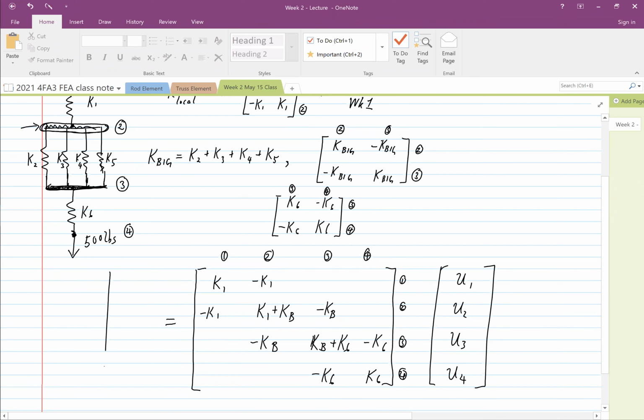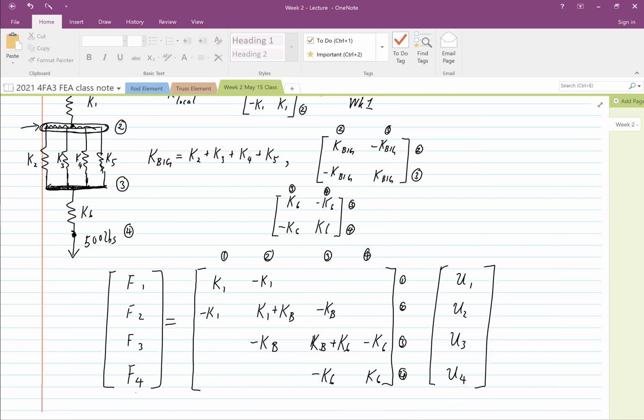On the left side, we have force 1, force 2, force 3, and force 4. And then let's apply the boundary conditions.